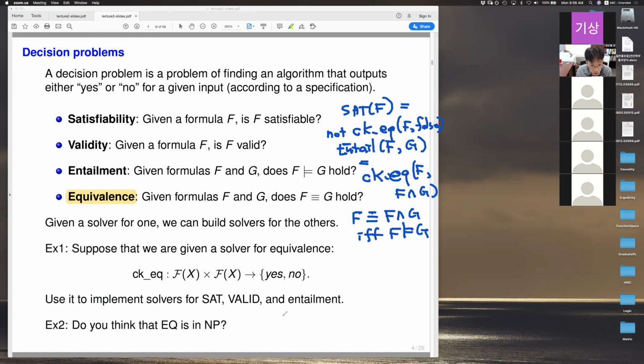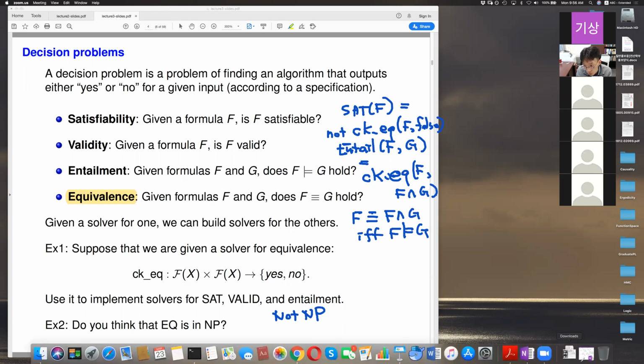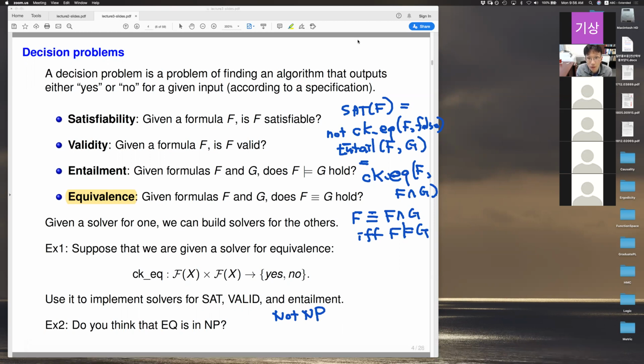For the second question, it's not NP. Here are only intuitive reasons for why it's not NP. Intuitively, NP is a bit like a satisfiability problem. So I showed you maybe.